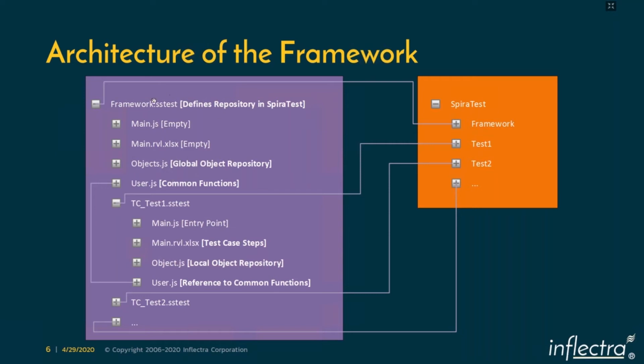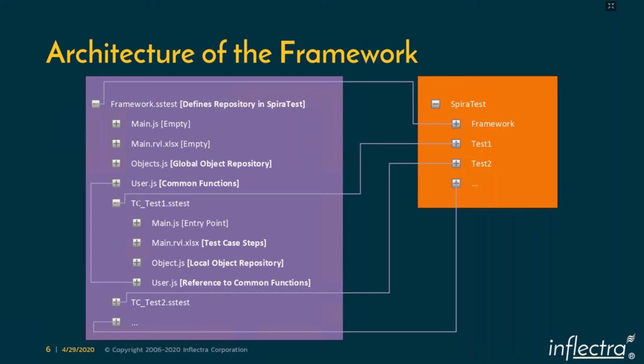And the main test defines a repository in SpiraTest. SpiraTest is a test management solution from Inflectra. I am just showing this picture. You may review it later, and after the demonstration it will make much more sense for you. For now, it's just a brief overview.